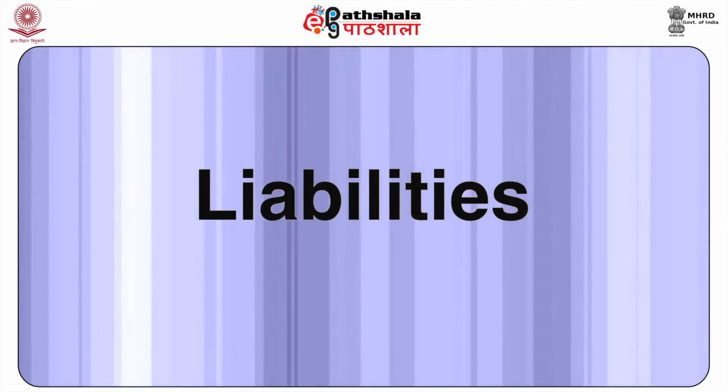Second classification is liabilities. It is an obligation of the entity in favor of outsiders. It involves future outflow of the resources of the entity. It represents amount of money that the business owes to the parties other than the owner.